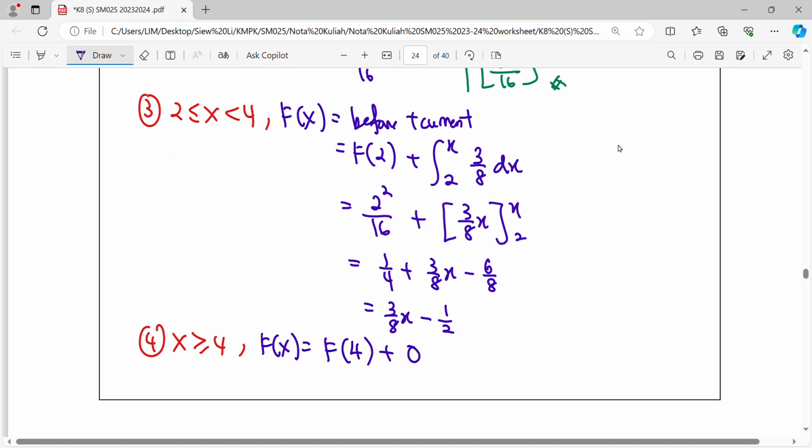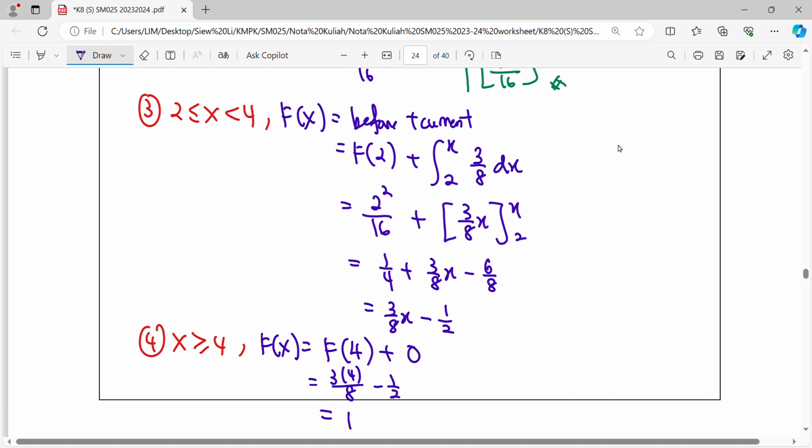Currently, there is no graph, no probability to find, no area to find. So we substitute 4 into the previous interval. The accumulation will be 3 times 4 over 8 minus 1 over 2. That gives 1. Is it 1? Yes, you must get 1.